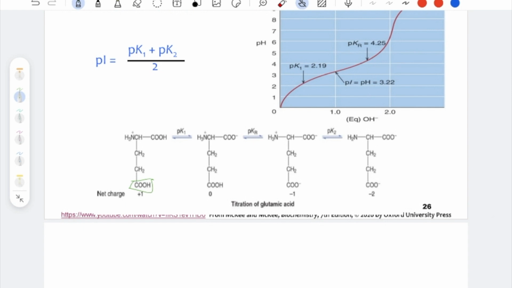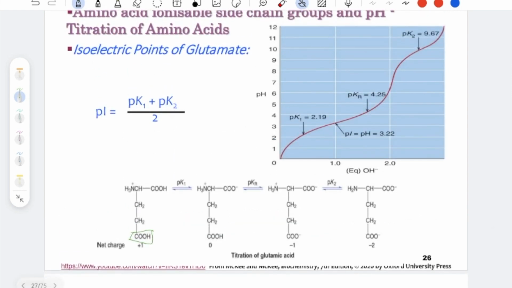Okay, so we can see here, first of all, we have something called pK1, pKR, and pK2 for the carboxylic acid group, the R group, and the amine group.